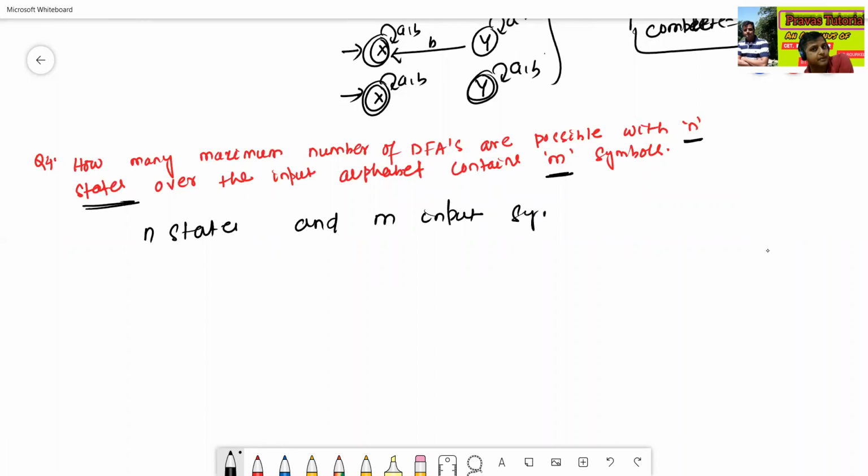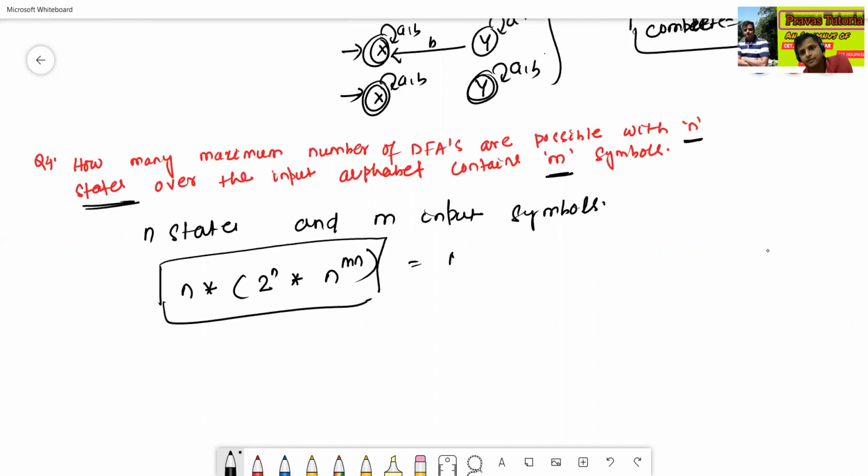The formula is n into 2 to the power n into n into m to the power n. This is the formula for the maximum number of DFAs.